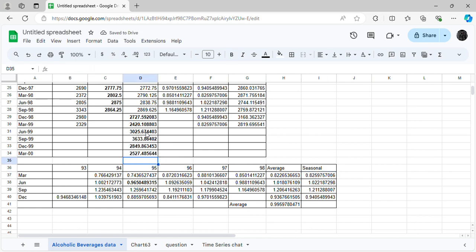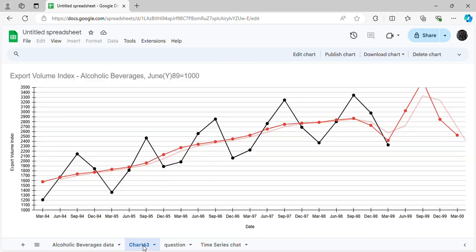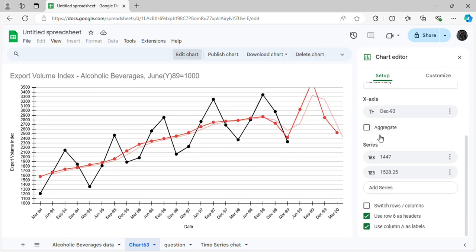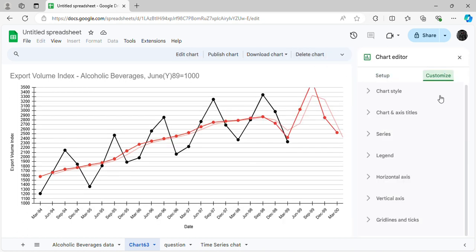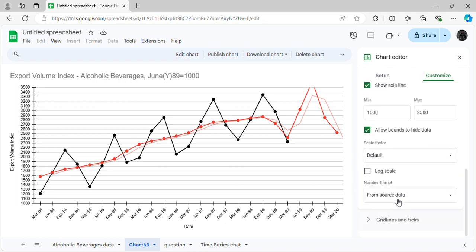So we have all these values here, and we want to add this to the chart, and this should be updated automatically. Now we can see we need to extend. So let's edit the chart, customize, vertical axis. Let's choose the maximum as 4000.